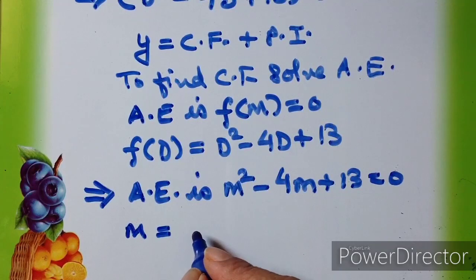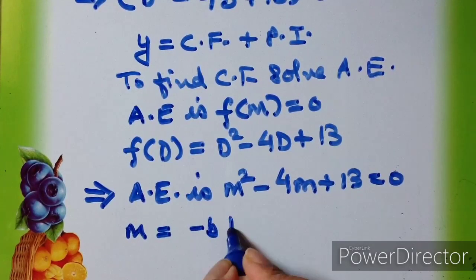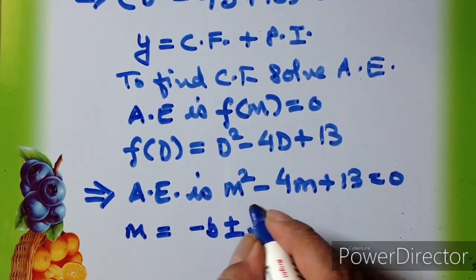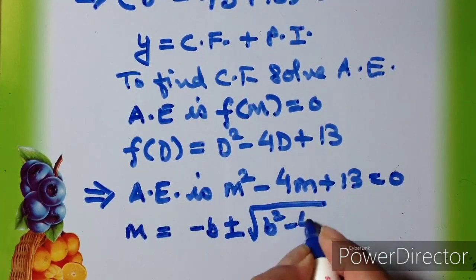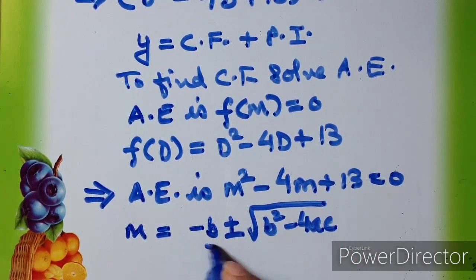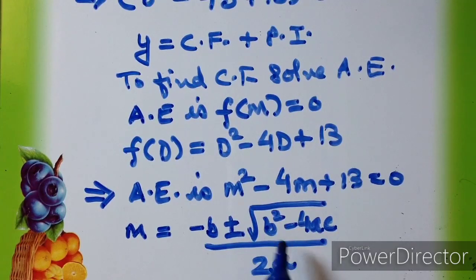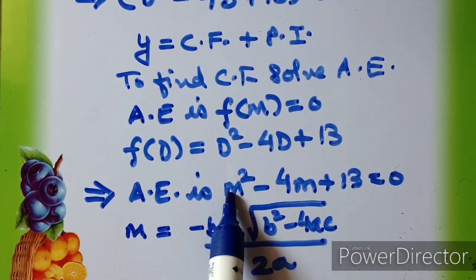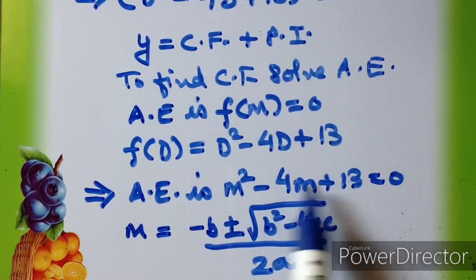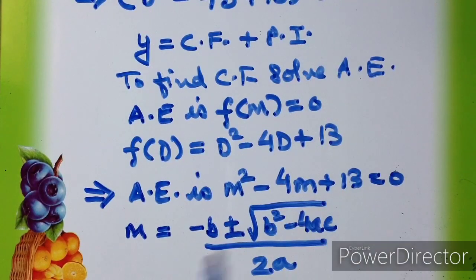If you recall the formula for the solution of a quadratic equation, m = (−b ± √(b² − 4ac)) / 2a, you are going to use this formula, where a is the coefficient of m², b is the coefficient of m, and c is 13, the constant term.